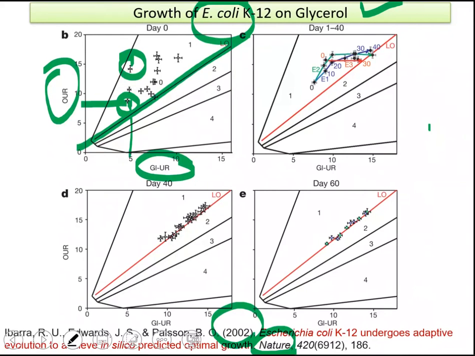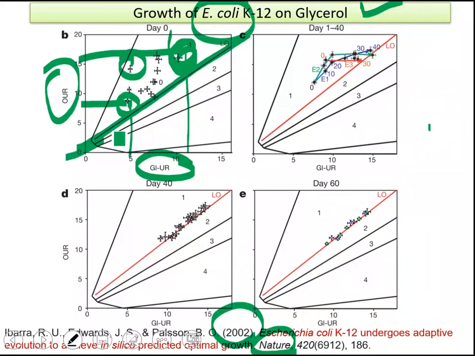So they have replicate experiments, not only one. For this experiment, this glucose uptake rate, this was the oxygen uptake rate, and this is the corresponding growth rate.